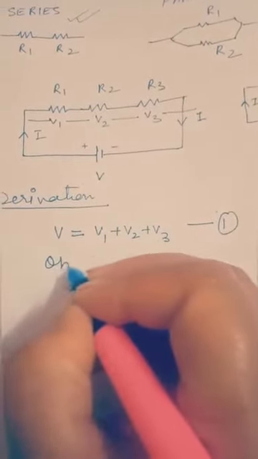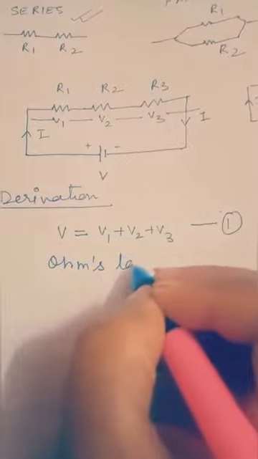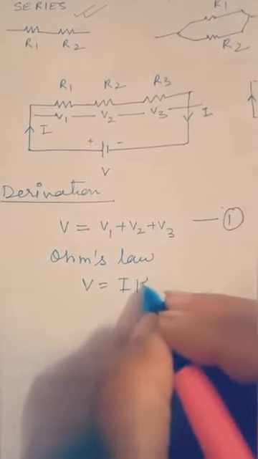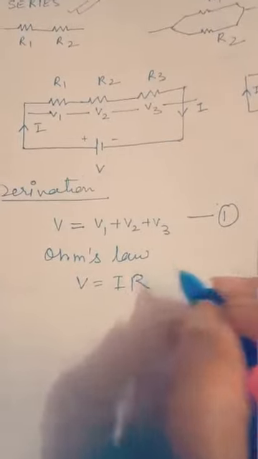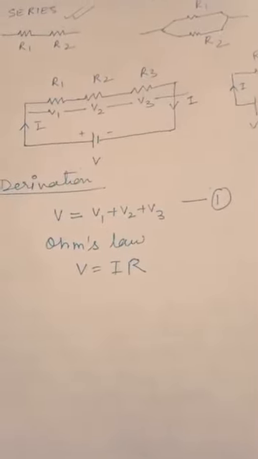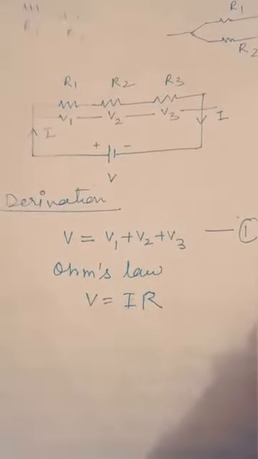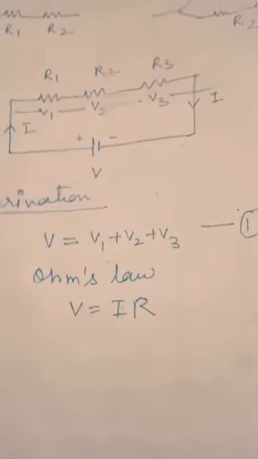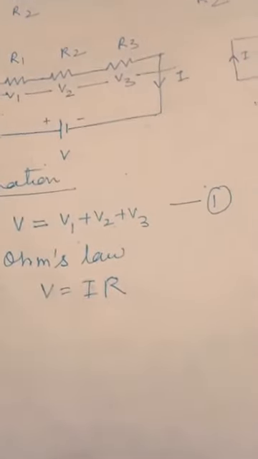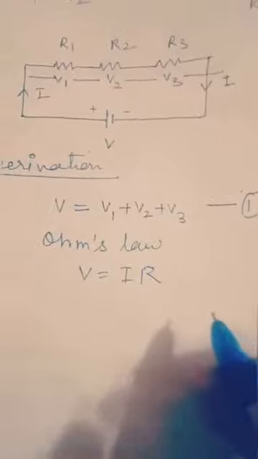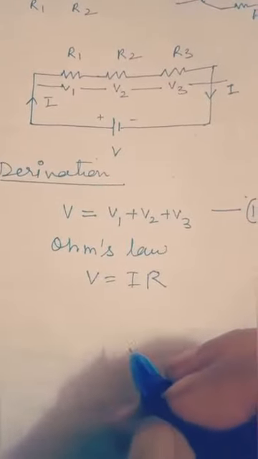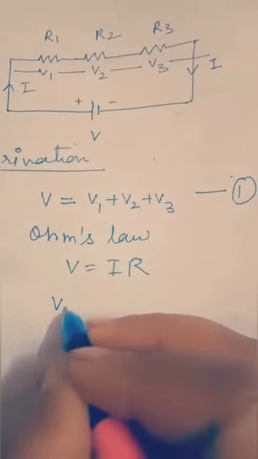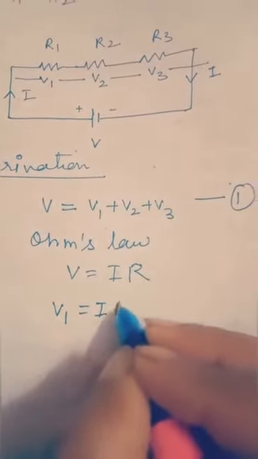Now according to Ohm's law, we know that V equals IR, that is, voltage equals current into resistance. So the voltage of the very first resistor R1 will be given as V1 equals I R1.